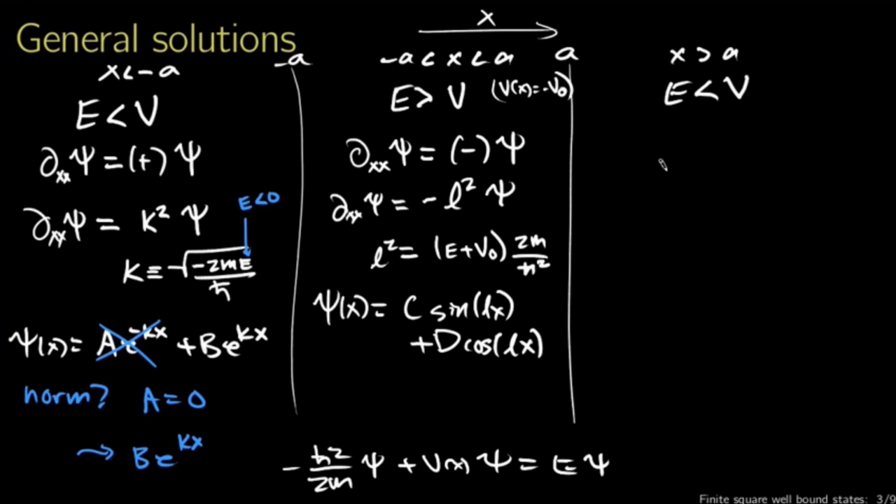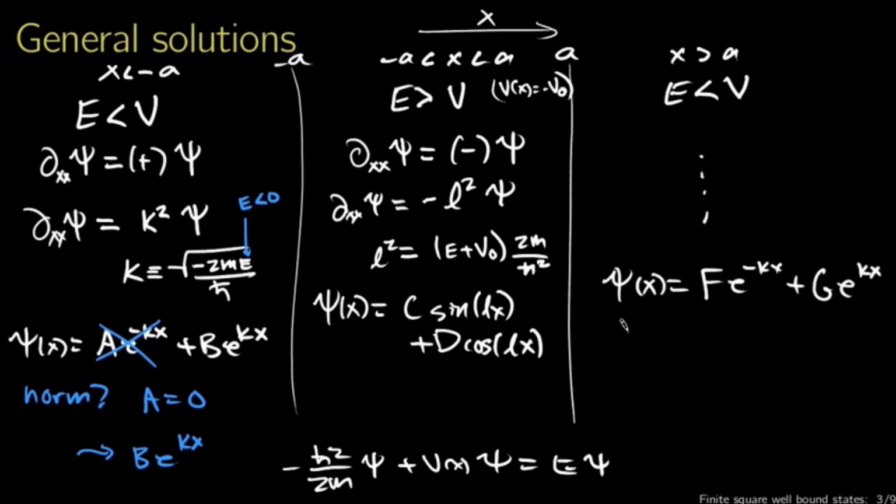Our third region here for x greater than a looks very much like our first region for x less than negative a, and the answers you're going to get are the same. The general solution, defining things exactly the same as we did here, is going to give us psi of x equals F e to the minus kx plus G e to the kx.